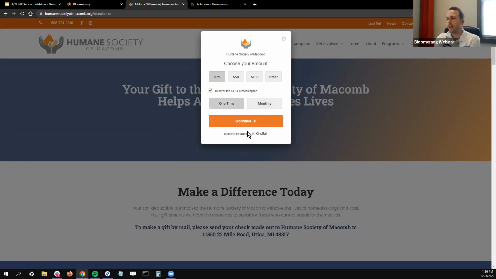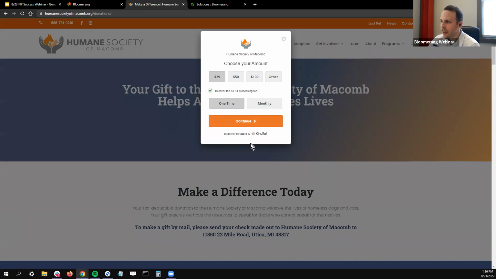And just for transparency, even though it says securely processed by Kindful, Kindful is under the Bloomerang family, and so one option you have with Bloomerang is you can have Kindful fundraising tools. So this is what some of those fundraising tools are, these really unique and kind of DIY donation forms here.